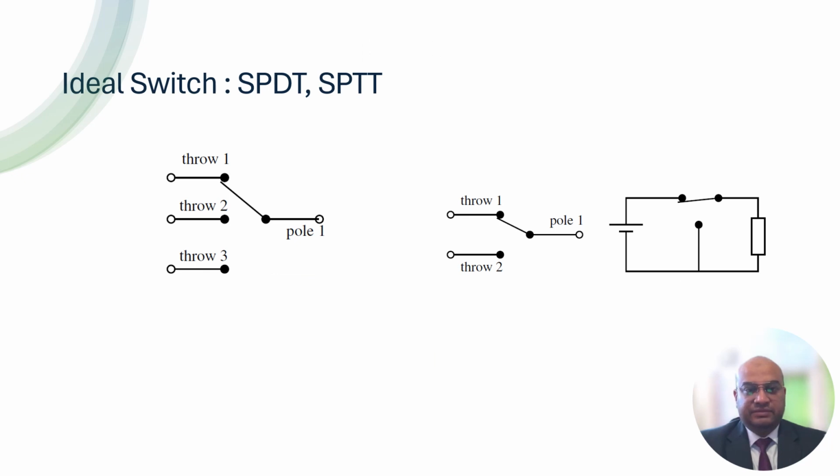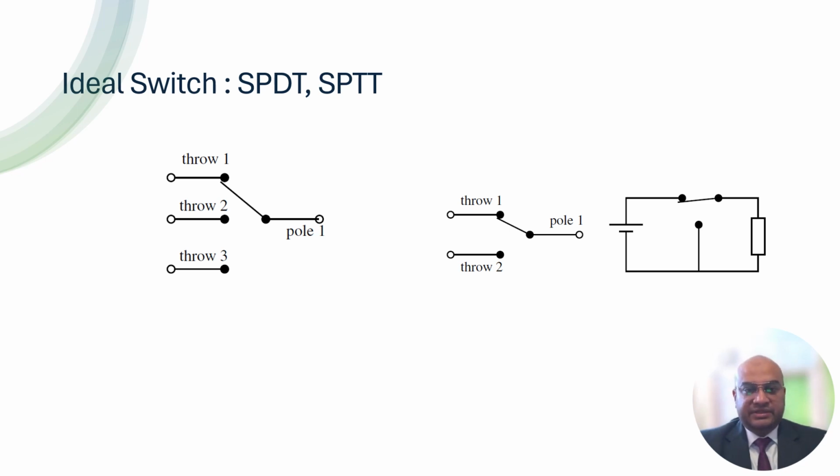Next, the ideal switch can be of two categories. One is the single pole double throw switch, which you can see here, where two throws, throw 1 and throw 2, are connected to a single pole. This kind of configuration is generally used in buck converters, which we will see in later classes.